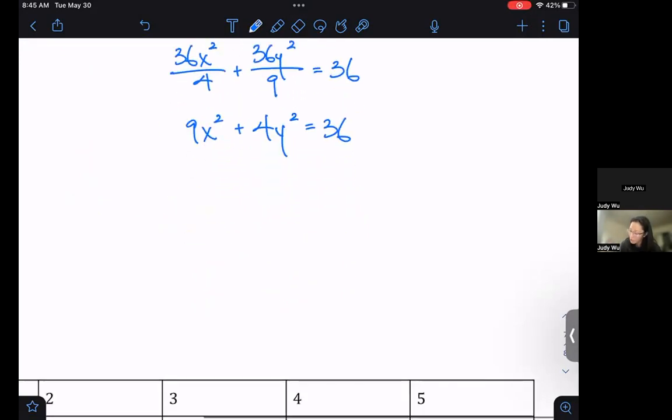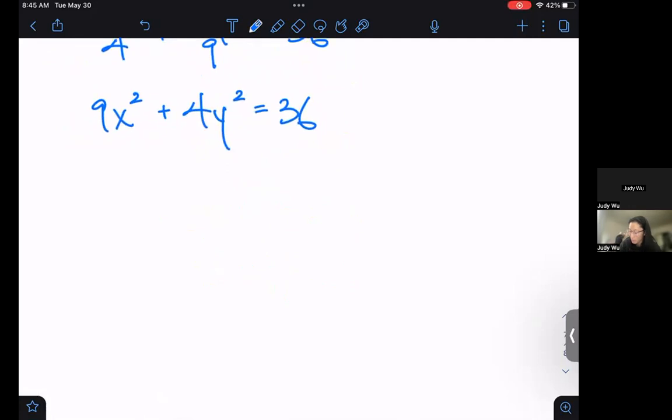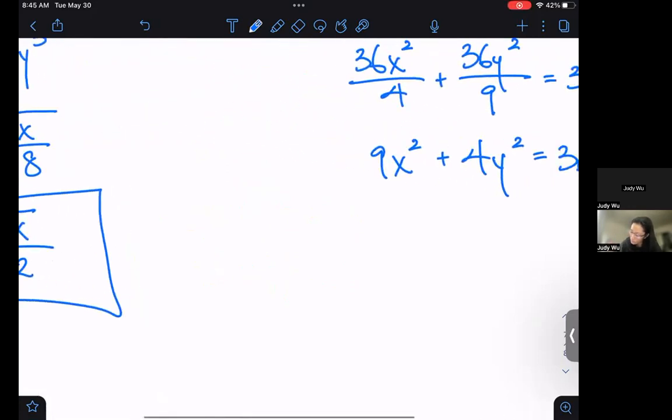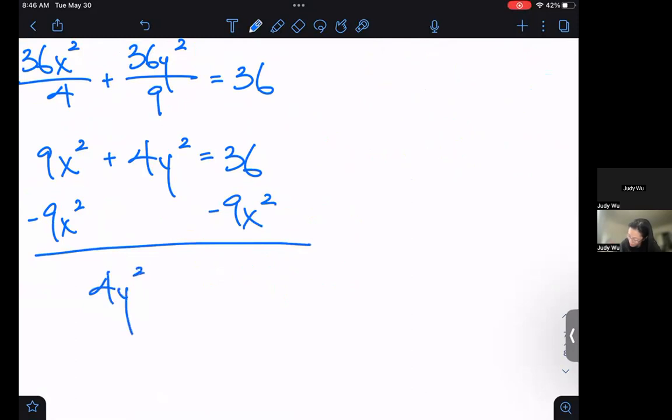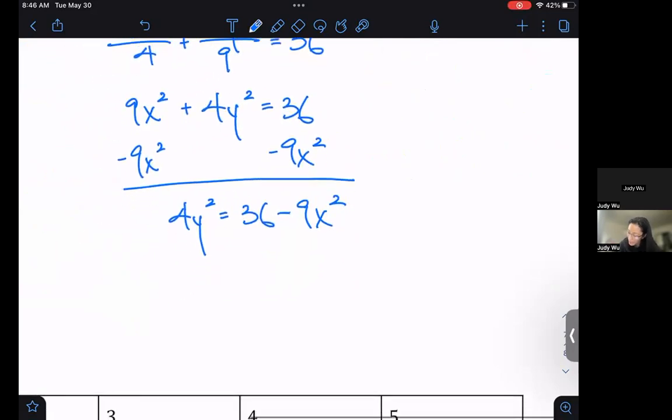But our overall goal was to get y all by itself. So I'm going to go ahead and subtract 9x squared from both sides. I get 4y squared equals 36 minus 9x squared. Now I have to divide by 4 and then take the square root.